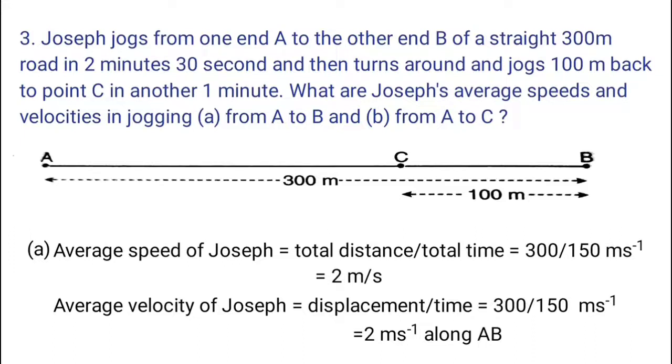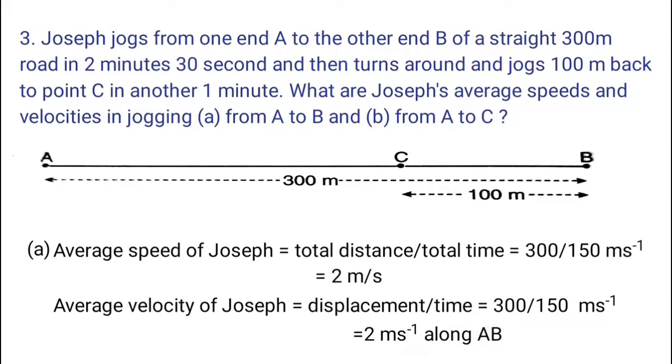The total displacement is AB, which is again 300 meter, and the total time is 150. So it is 300 upon 150, which comes out to be 2 meter per second. But we also have to mention the direction. The direction is from the initial to the final point, that is along AB.